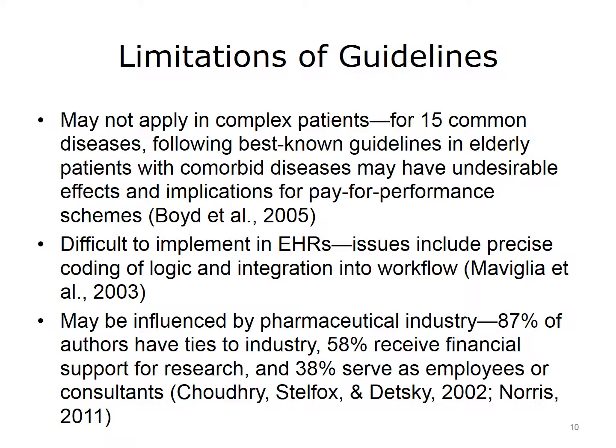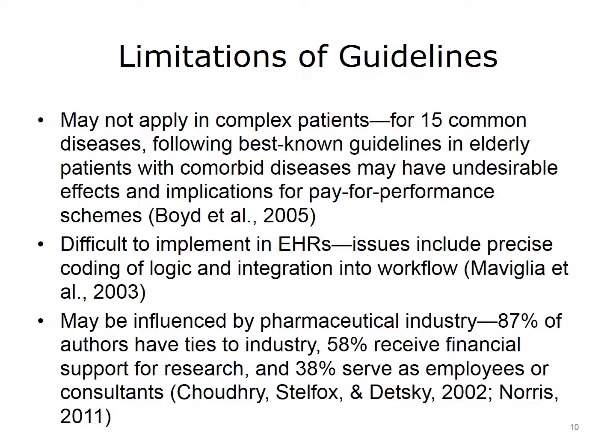They reached the conclusion that following the guidelines to the letter would have undesirable effects because of the presence of these other conditions. In fact, if these guidelines were tied into pay-for-performance schemes, there may be some negative implications in that physicians who adhere to the letter of the guidelines may actually not be providing the highest quality of care.